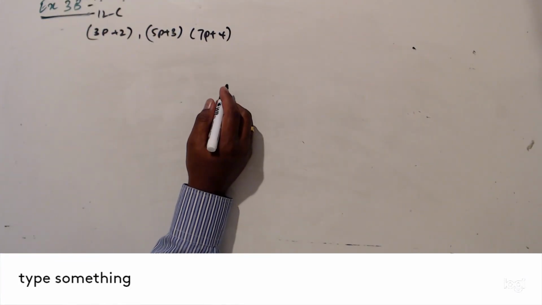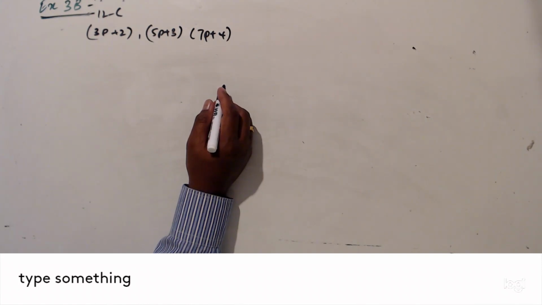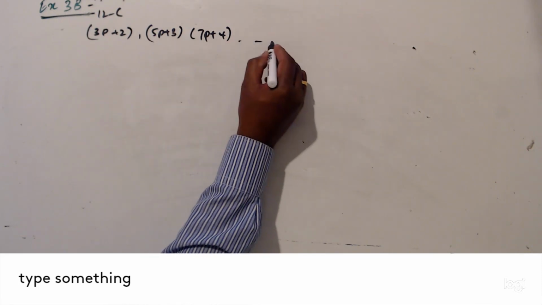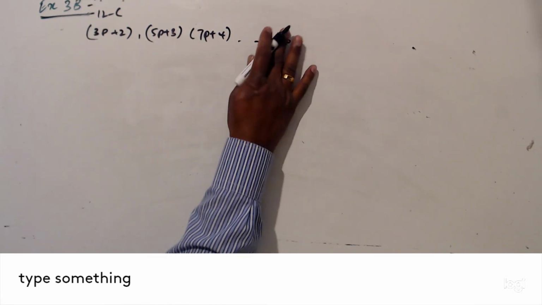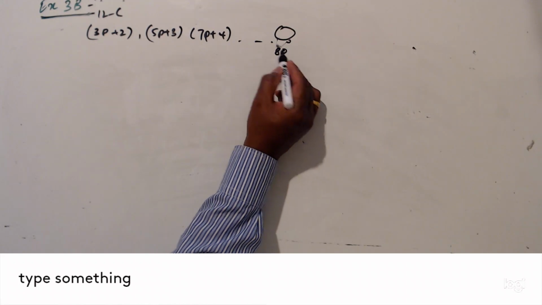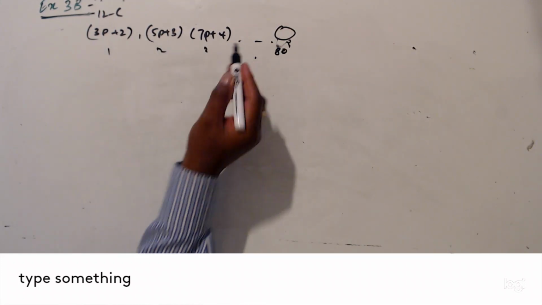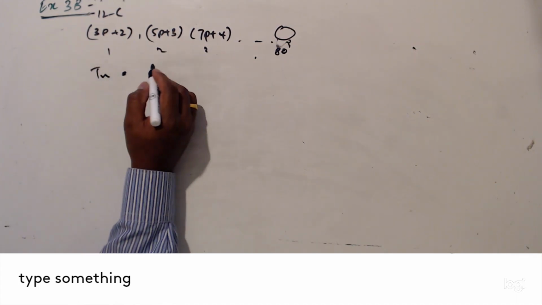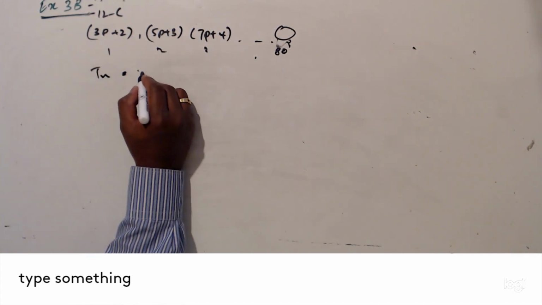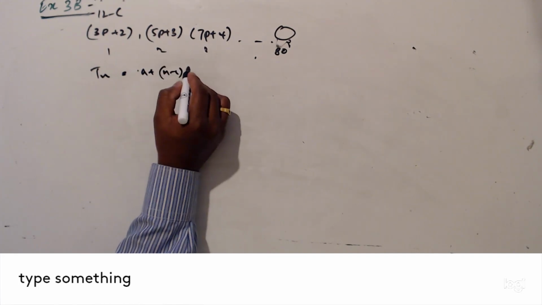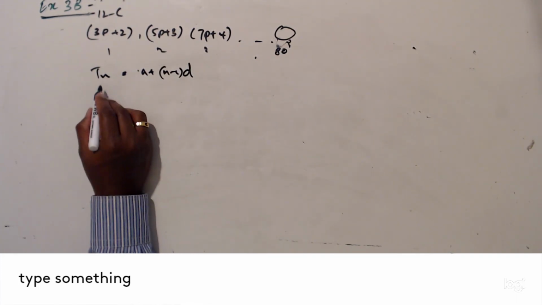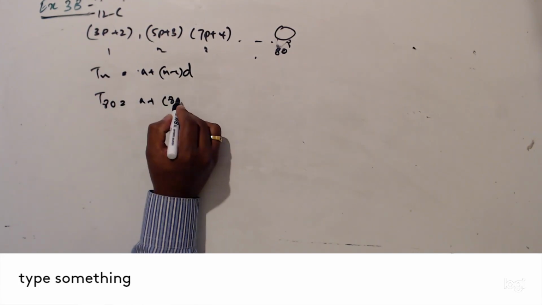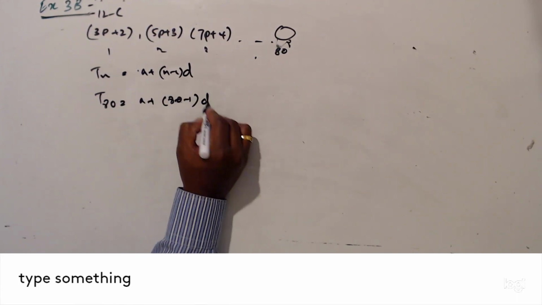Part C. First term, second term. We want to find the 80th term. We know the nth term is Tn equals a plus n minus 1 times d, so the 80th term equals a plus 80 minus 1 times d.